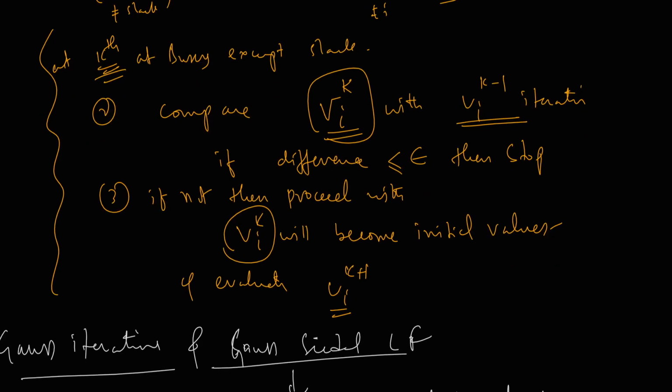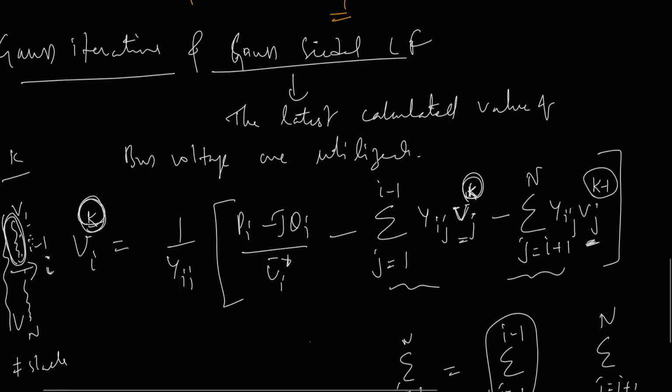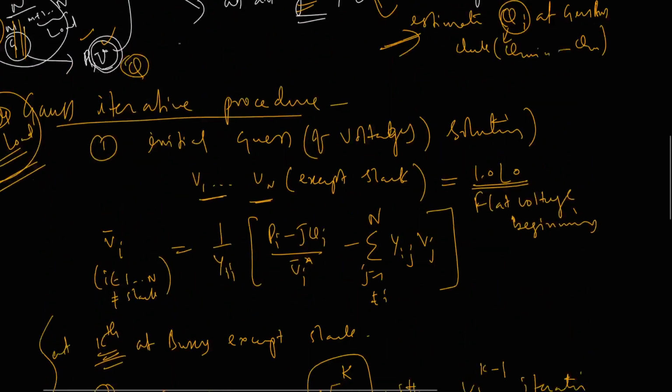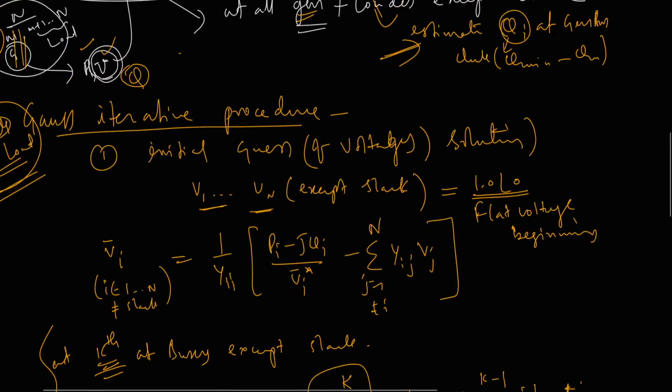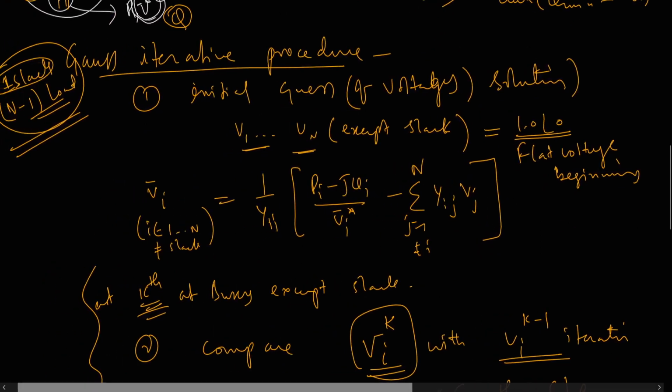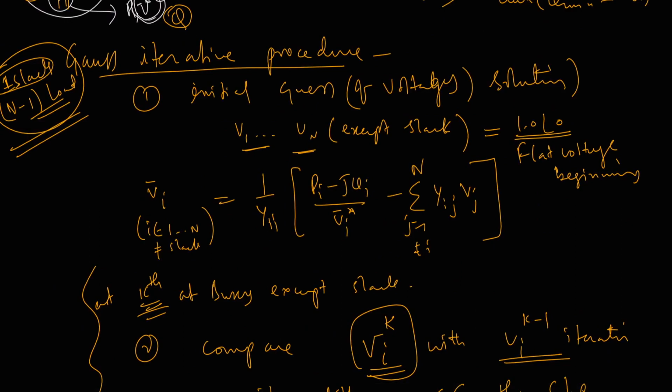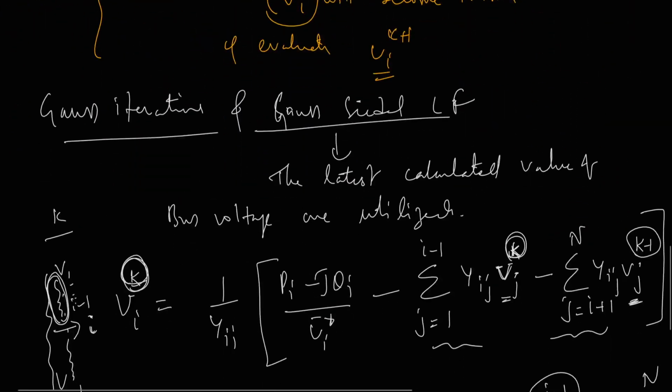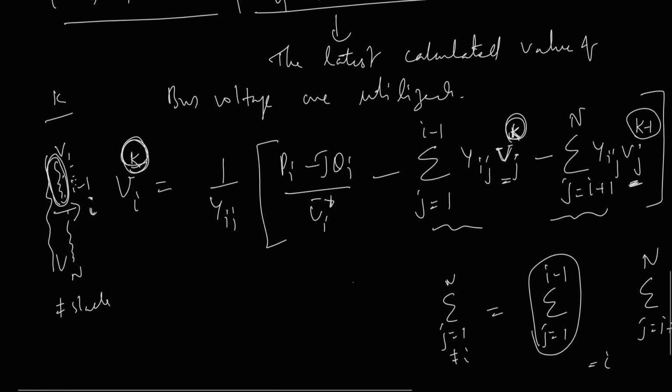That's it. Now, because this is the Gauss method with no generator buses, I don't have any difficulty in calculating these voltages.